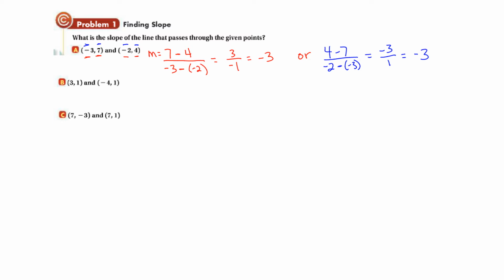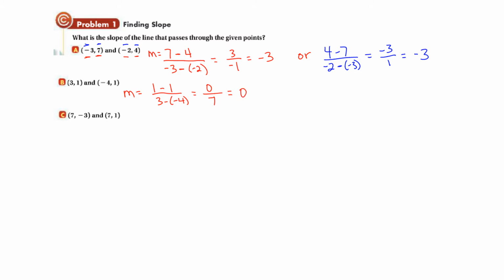So now let's do a couple more. For b, I've got my y, 1 minus 1, over my x, 3 minus negative 4. 1 minus 1 is 0. 3 minus negative 4 is 7. 0 divided by 7 is 0.